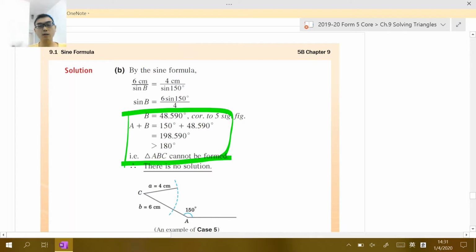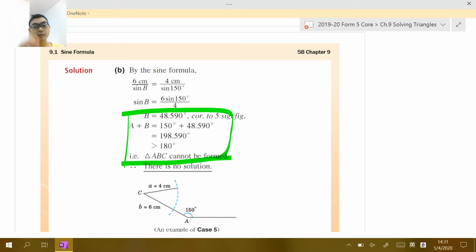So it is not surprising that this one has no solution eventually, because after you have found B, even if you don't check here, you have to find the angle C. You should use the angle sum of a triangle to find angle C, so you can see here. So it's not a problem that you haven't checked in this step, because you can check in the angle sum of a triangle.